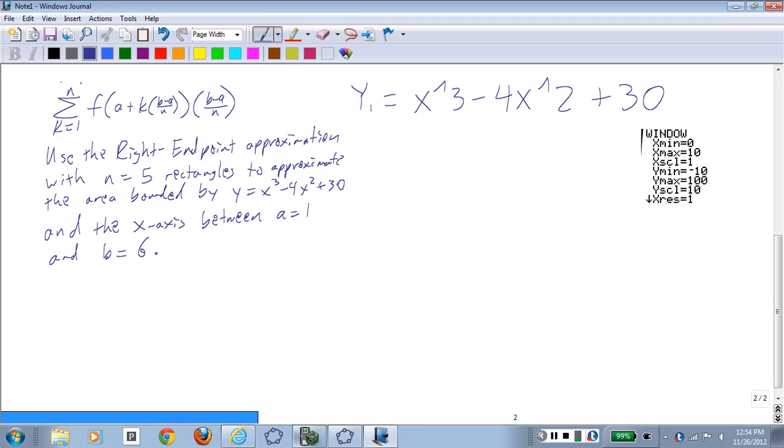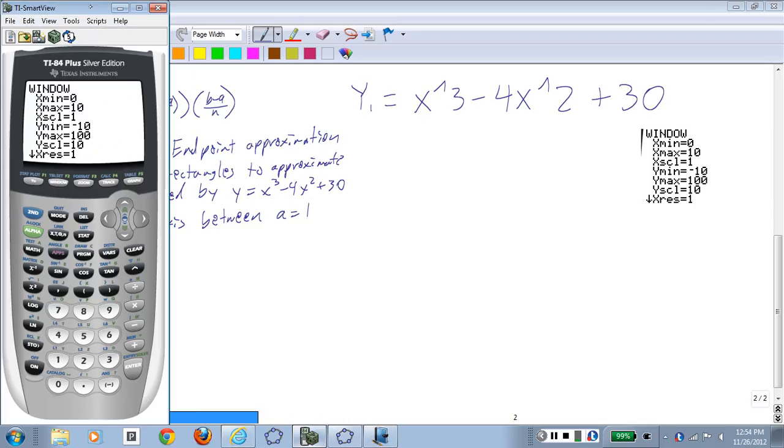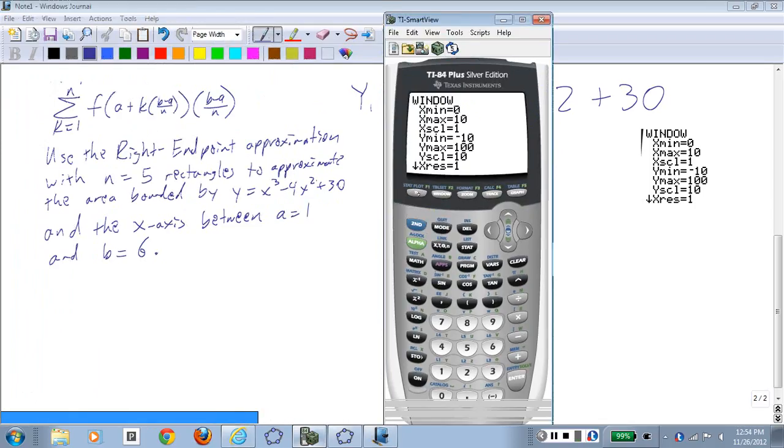So if I'm graphing this using the calculator, it'll look something like this. Let's see. There's the picture. So I could shade it. We want to approximate the area from 1 to 1, 2, 3, 4, 5, 6. Really, that's not a good viewing window. I thought I had a decent viewing window of that from 1 to 6.